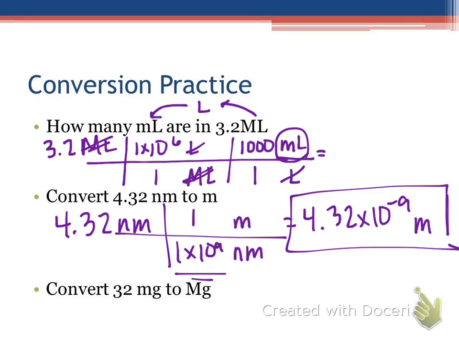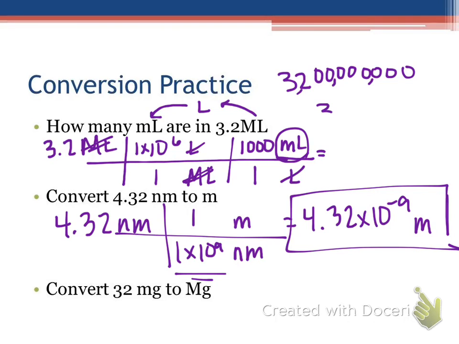Okay, so I do 3.2 times 1 E6. Right? You can still use scientific notation when it's in the numerator. Times 1,000. Are we getting a really big number here? Okay. 32 with 8 zeros. 1, 2, 3, 4, 5, 6, 7, 8.